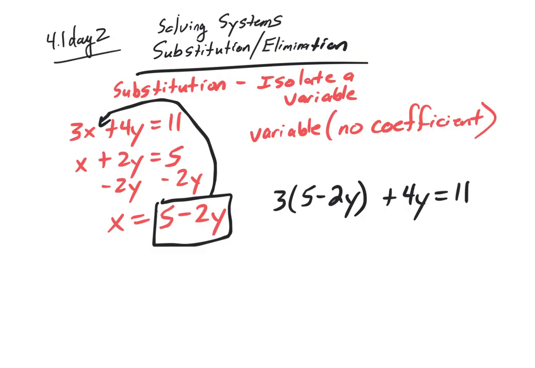So we have 3 times (5 minus 2y) plus 4y equals 11. We're rewriting this equation, but we're putting this in for x. So we've got to distribute the 3.